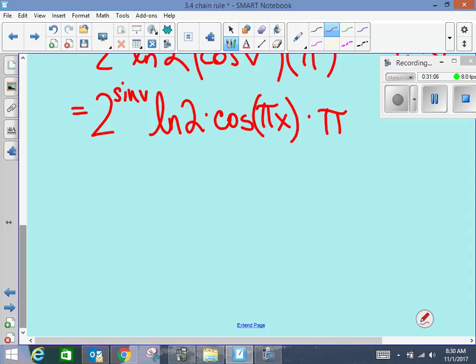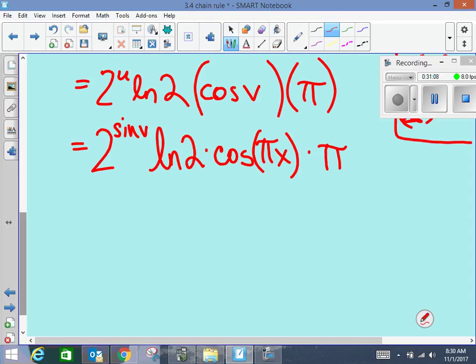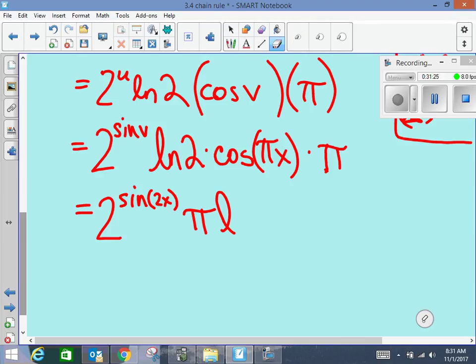Okay, I got one more substitution because I still got a v. So I'm going to put my pi out front eventually. 2 to the sine of v, v is pi x. I'm going to put my pi in here. Sorry, why do I keep saying 2? Thank you.